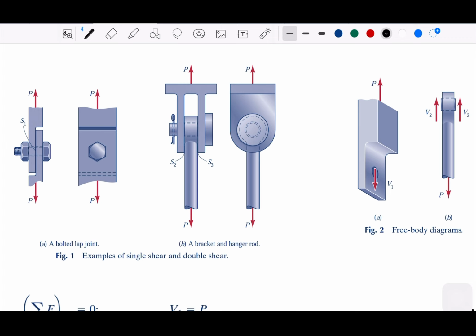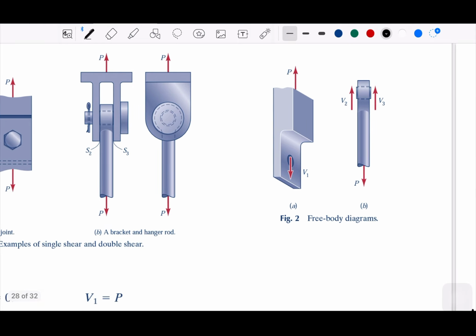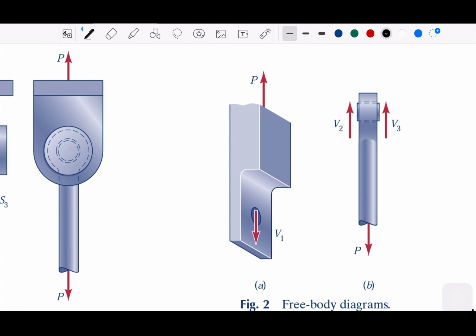If we cut and make a free body diagram, we just take away one sample, and this is what we have. We have P2, P3, the shear forces, and then we have P1 here. Okay, that's for the free body diagrams.